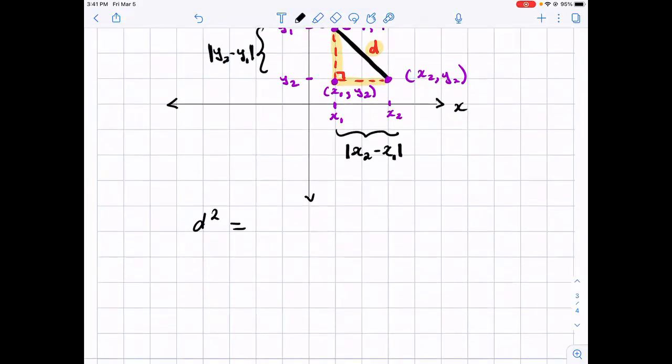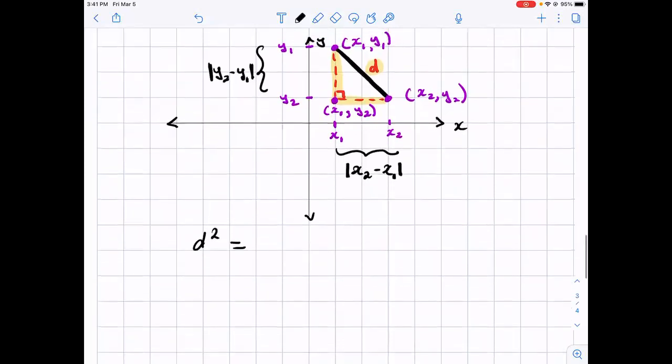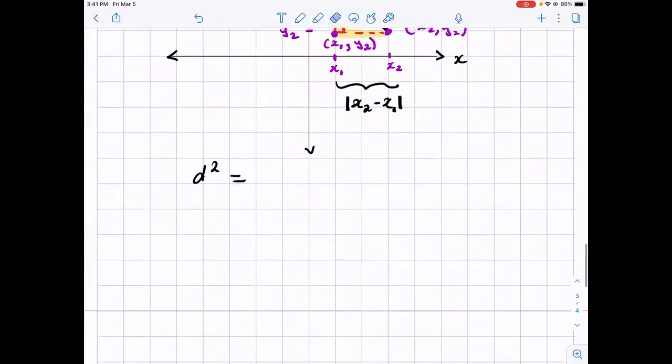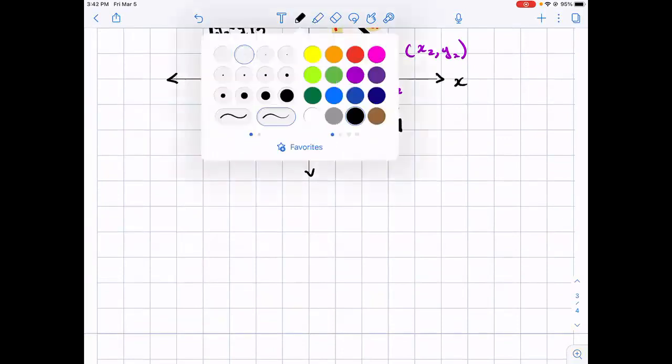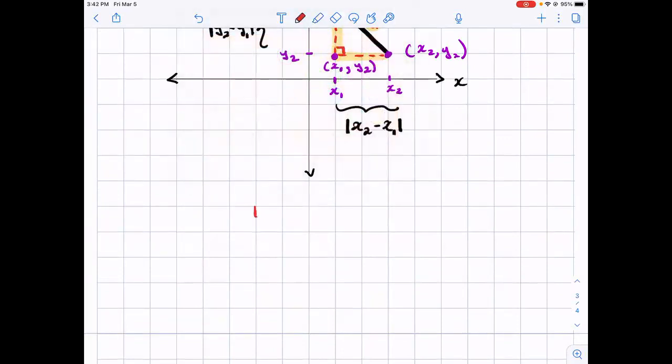So we can say that d squared is equal to, or I can even redraw that triangle if you want, so that it looks less confusing.